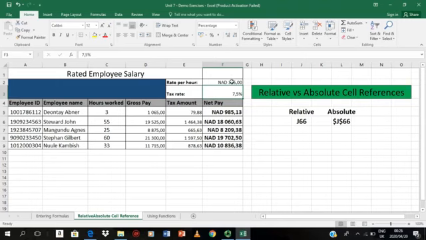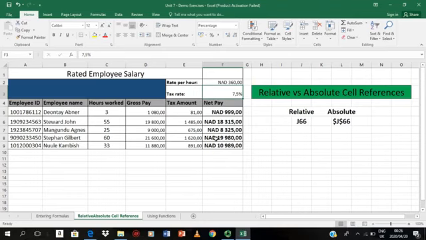Or the rate per hour could also change. Maybe there's an increase in the rate. Instead of it being 355, now it's changed to 360. Okay, that should also change all our values, which means you can effect a change from a central point.